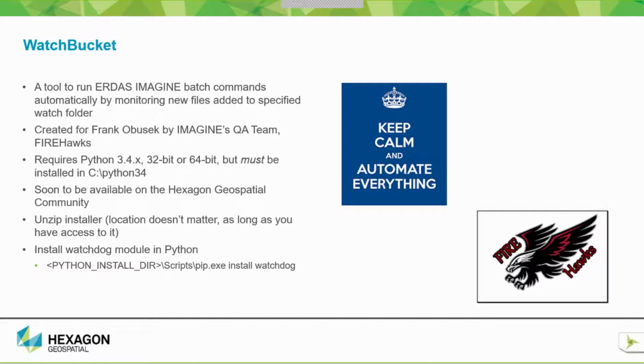You would take that zip file and unzip it. It doesn't matter where you unzip it to, as long as you have access to it. Then you have to install the watchdog module into Python, and the direct information is there about how to do that.